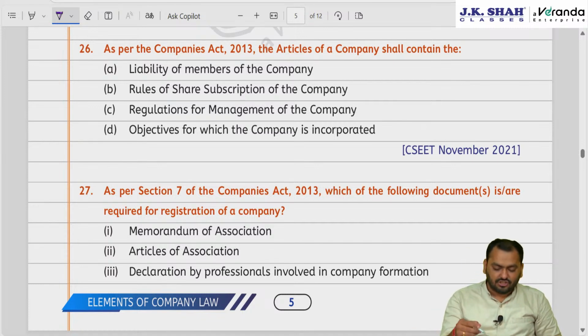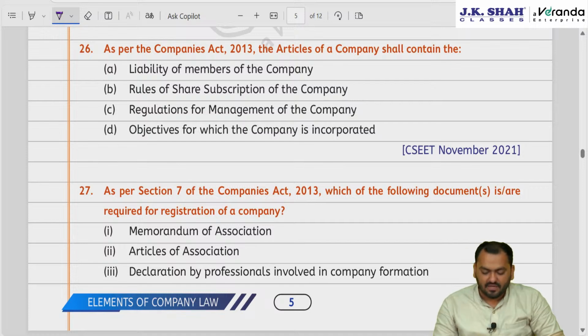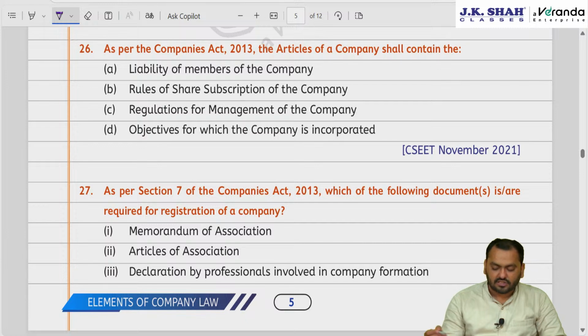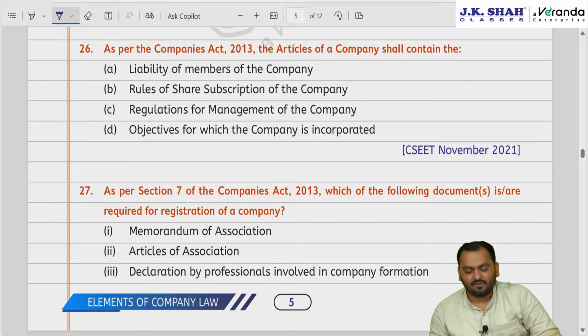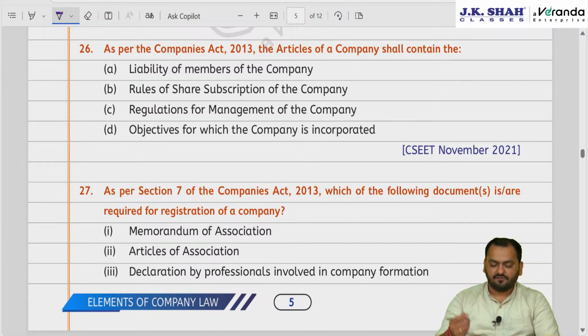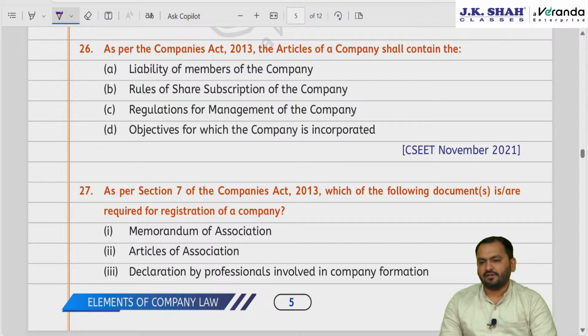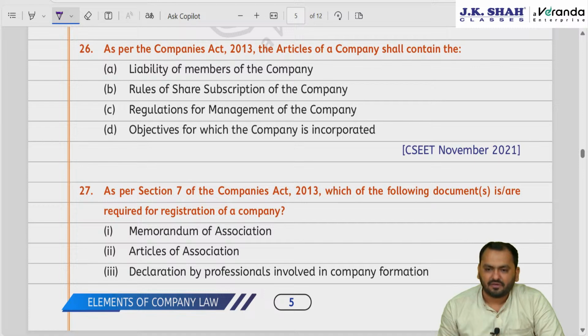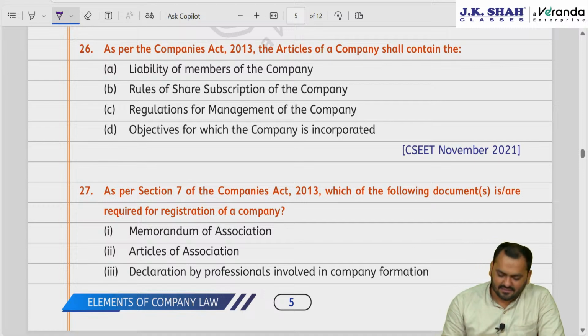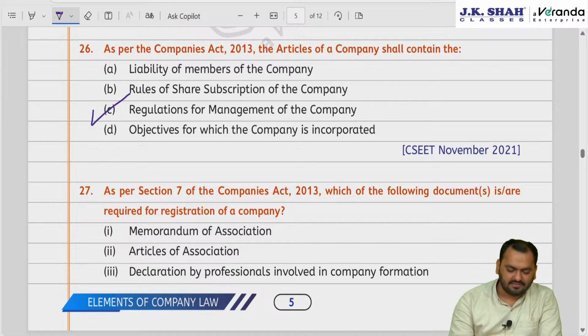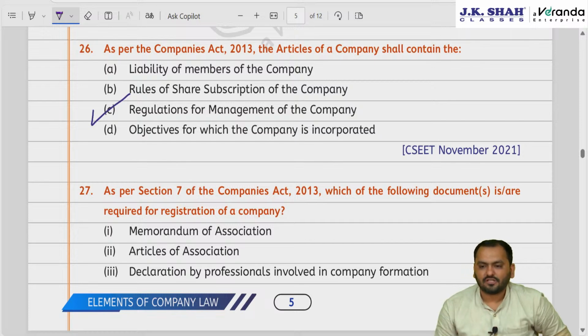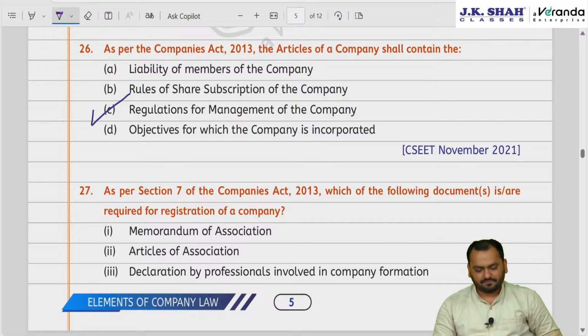Rules of share subscription of the company, regulations for the management of company, objectives for which the company is incorporated. Okay, so friends, obviously firstly here it is very clear, it is about the rules and regulations for the internal management of company. So answer is option C, regulation for the management of the company.